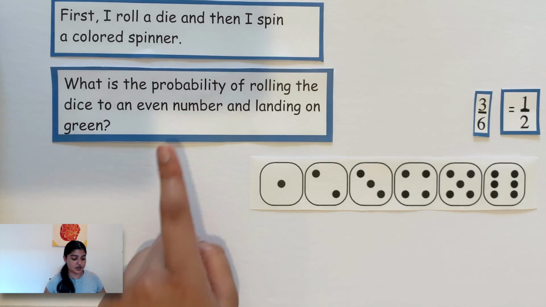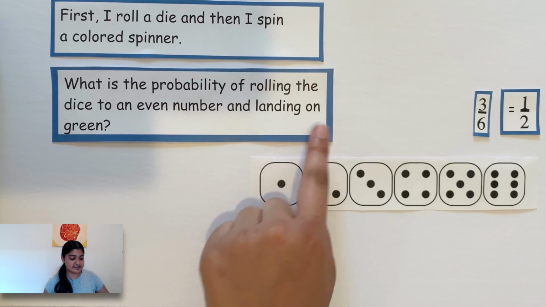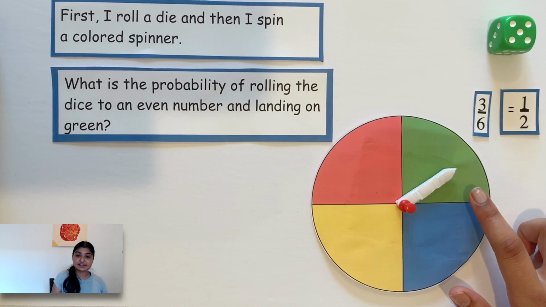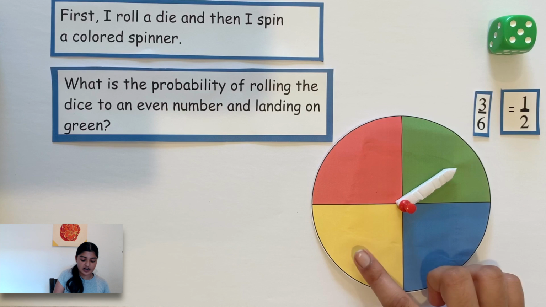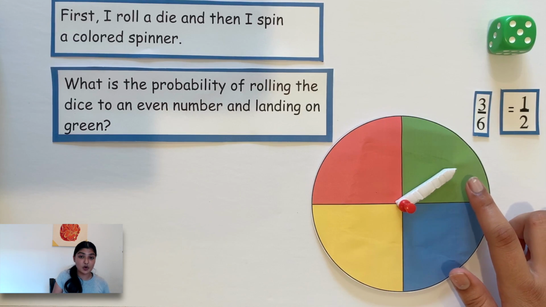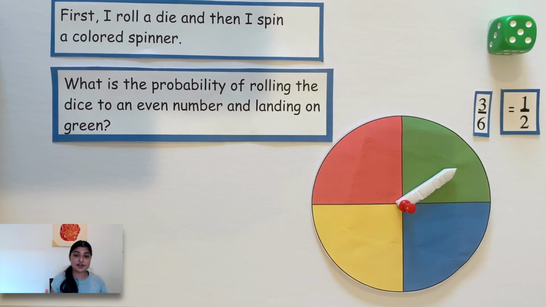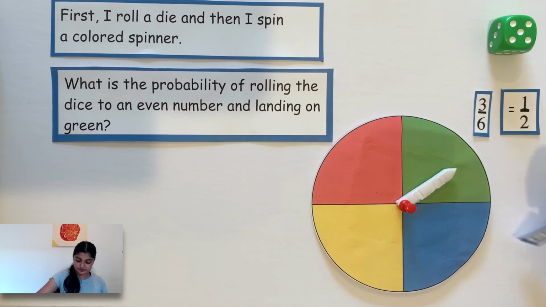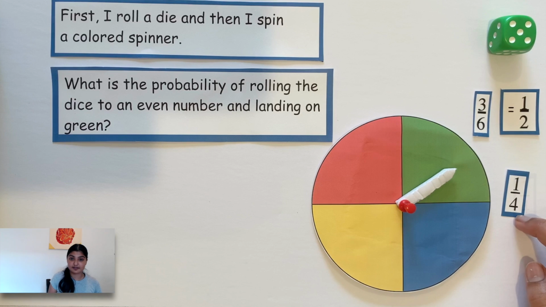Now, let's turn and find the probability of landing on green with our spinner. As you can see, there's a total of 4 colored sections and there's 1 green section. So we know that the probability of landing on this green section is 1/4.